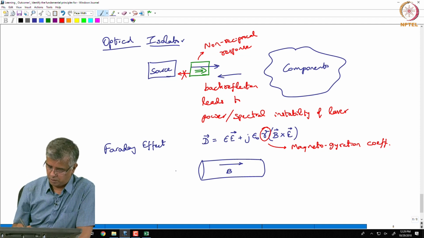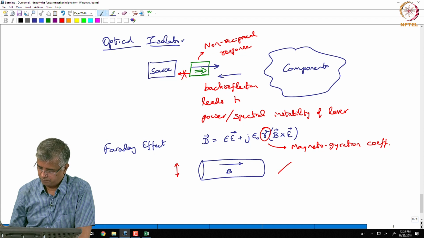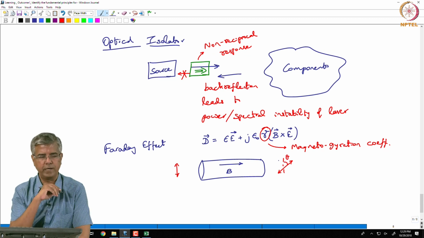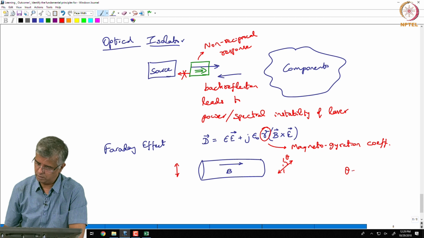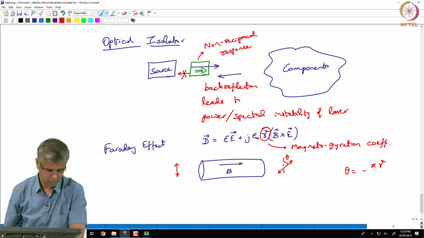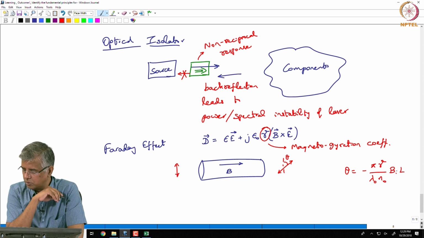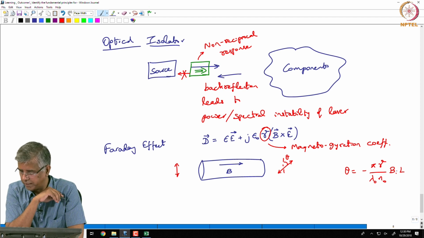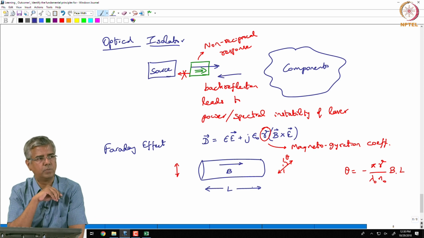In other words, if you have light polarization, let us say linear and going through this material, that polarization will be rotated by an angle theta, okay, where theta is given by minus pi times gamma over lambda naught n naught, B times L, where B corresponds to the magnitude of your magnetic flux density along the axis of this material, and L corresponds to the length of this material itself.